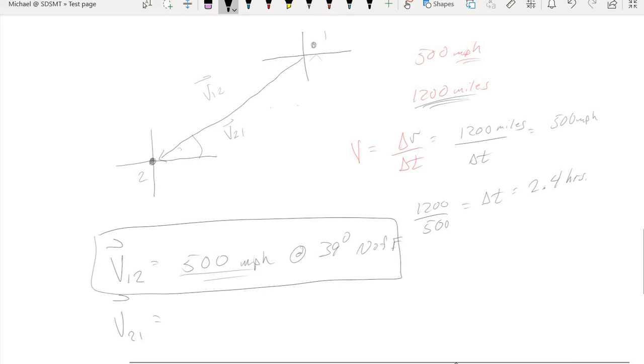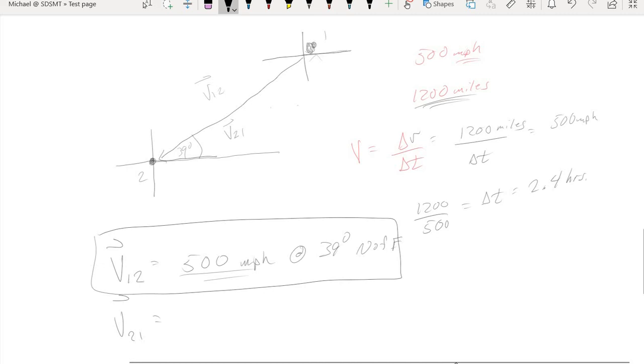Well, we had 39 degrees here, and so if we translate ourselves up to where plane 1 is at, I can actually use some geometry again.